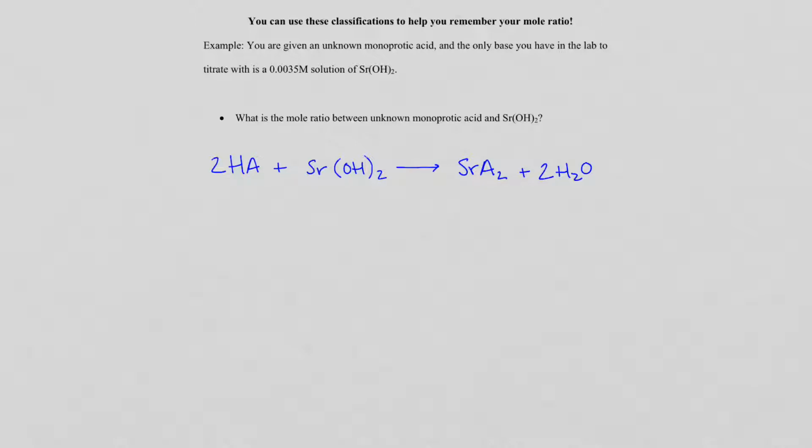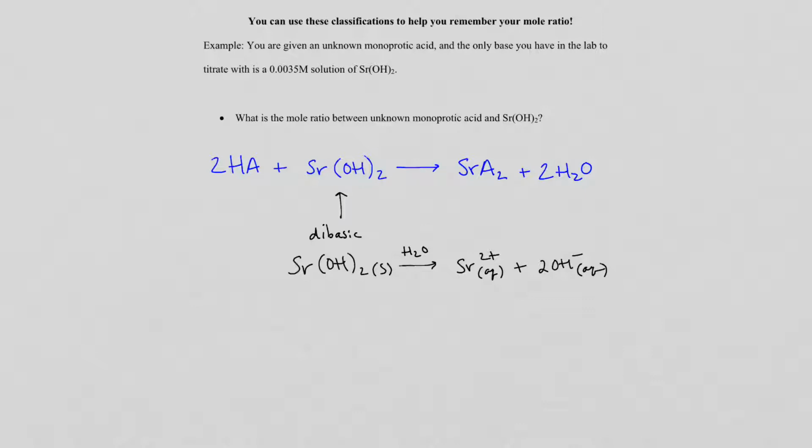Now, let's see if this monoprotic, diprotic, triprotic, monobasic, dibasic, tribasic thing actually works, right? So, strontium hydroxide is dibasic, right? So when we hydrolyze it, we get strontium 2 plus and 2 OH minus.